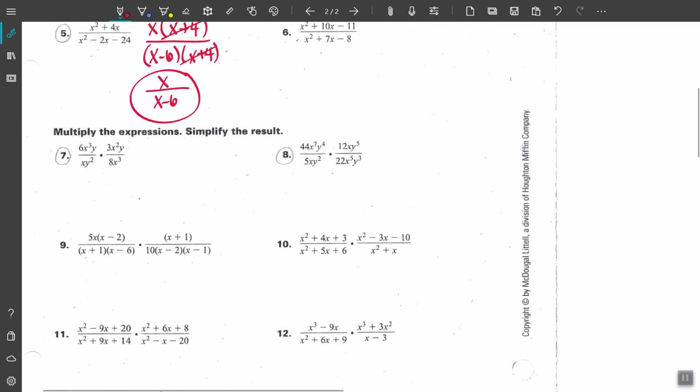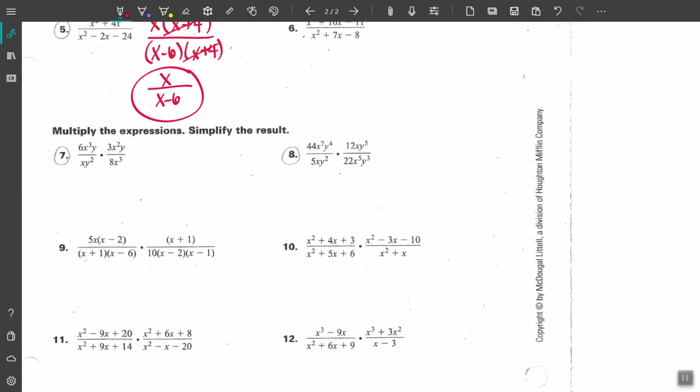And so, of course, there are numerous ways to do this. This would be one. I'm going to reduce the 6 and the 8 by dividing by 2. That'll give me 3 there and 4 here. If I reduce the x's, I can reduce my x's this direction.